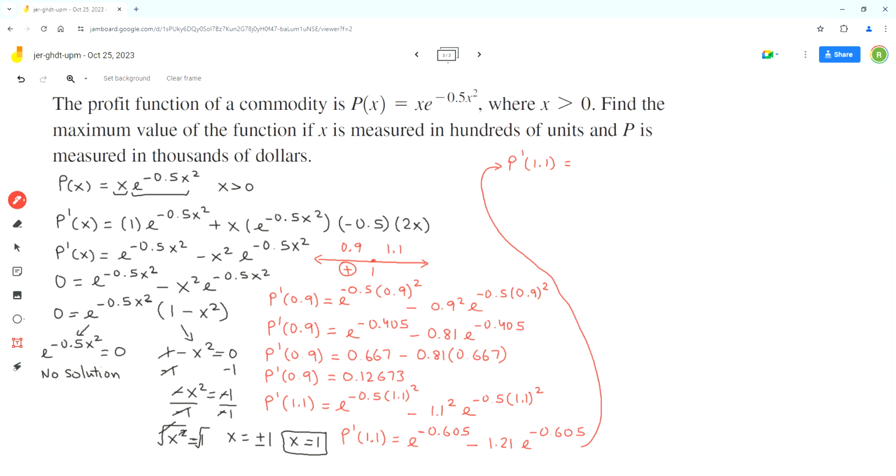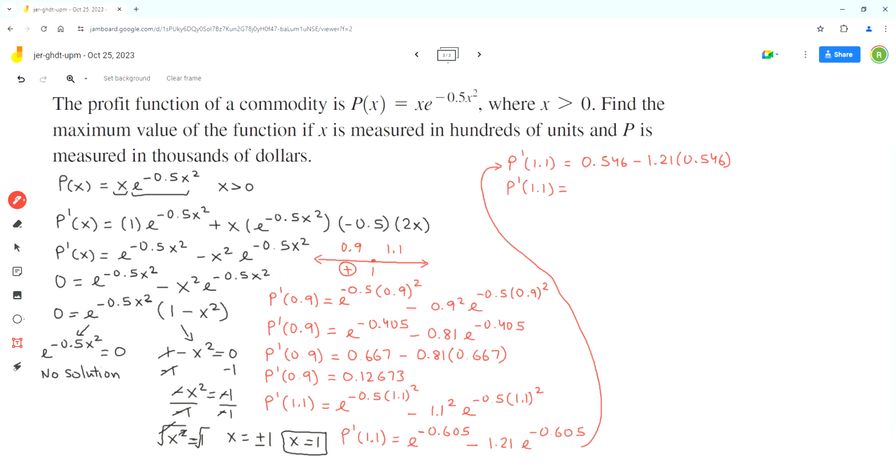Now we can evaluate the e terms. So I got 0.546 minus, and now we can do the final calculation. 0.546 minus 1.21 times 0.546.